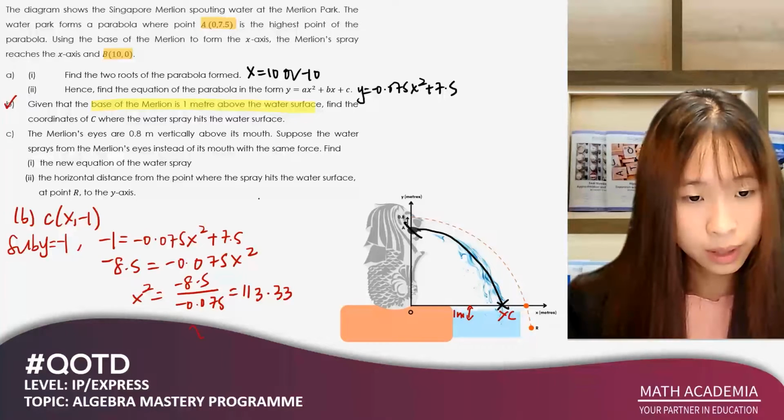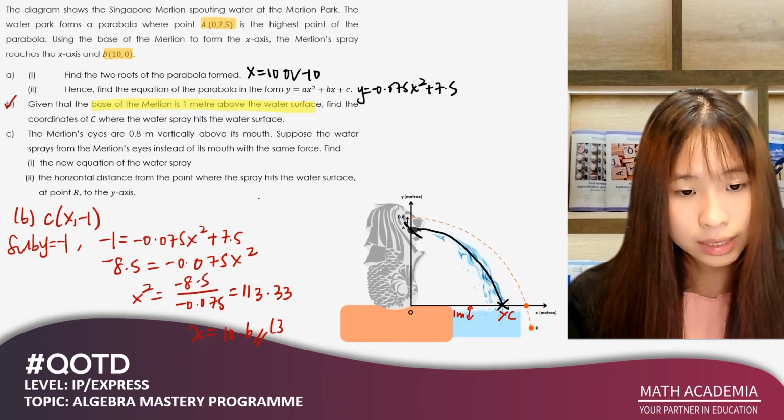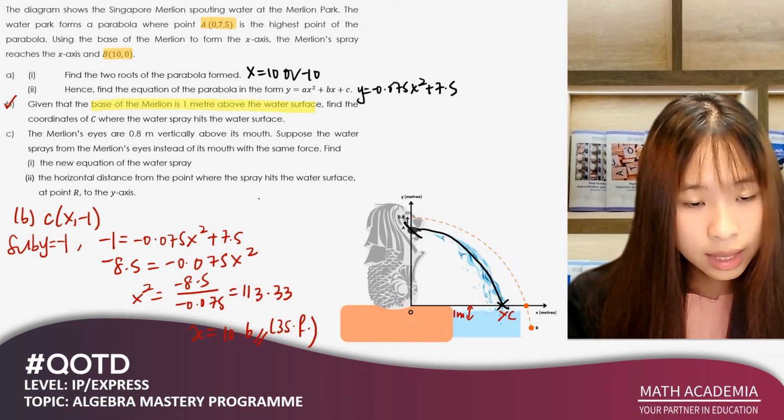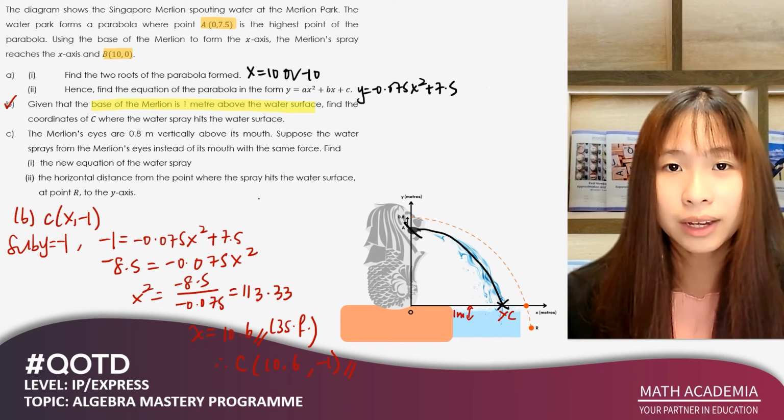And x is just the square root of this, which you should get 10.6, corrected to 3SF. Hence, the coordinates of C are (10.6, -1). And that's the final answer.